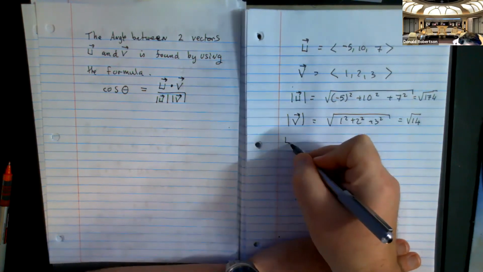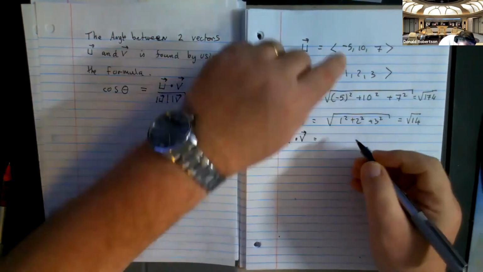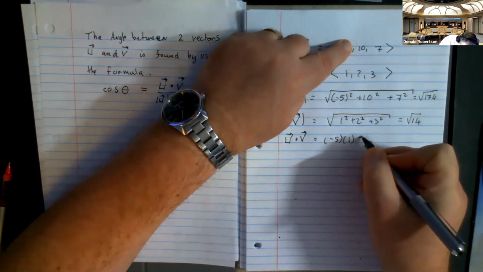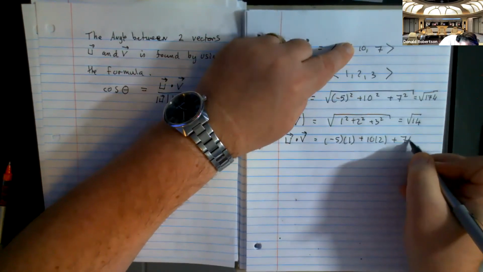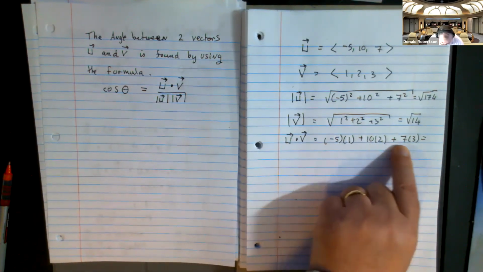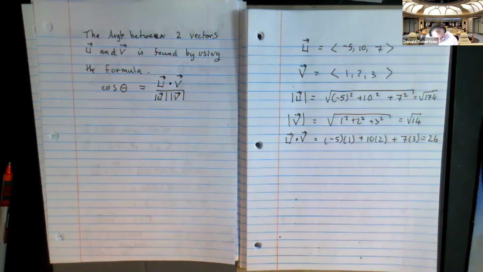I then find the dot product. So -5 times 1, add 10 times 2, add 7 times 3, and that gets me 5 and 21, so I believe you get 26. Are you all comfortable with the numbers that I've got right now? If I made a mistake, tell me.